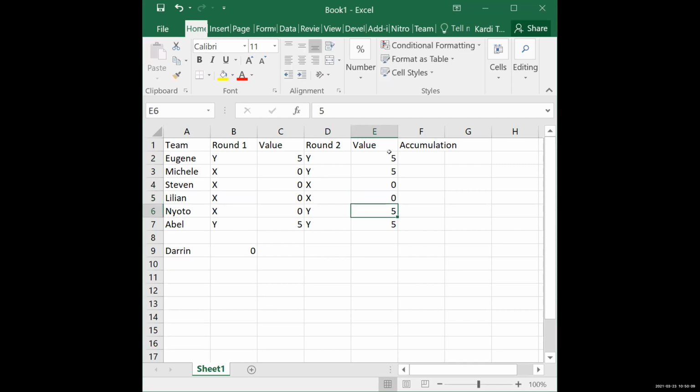Stephen and Lillian, you get only 0 accumulation. Okay. So accumulation result is now 10. Abel is winning. 5 for Michelle and 10 for, oh, the best score is Eugene and Abel. Okay, you get 10.